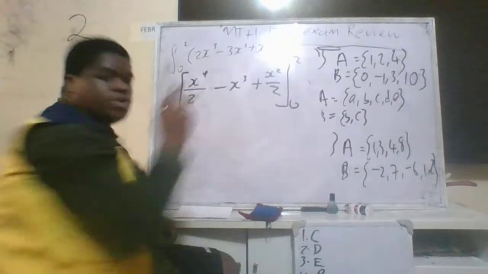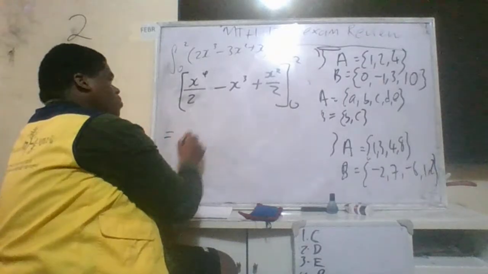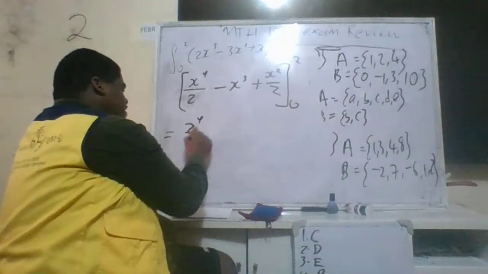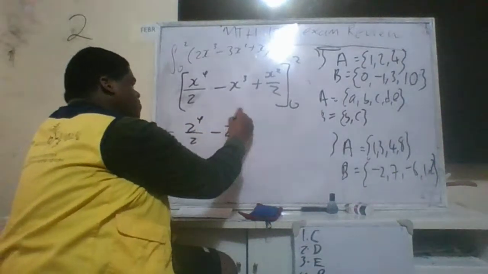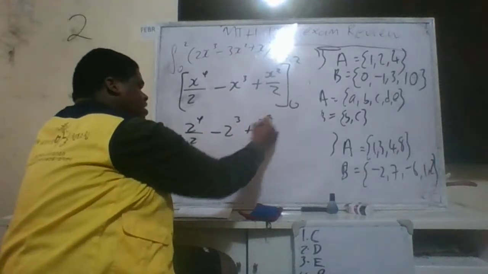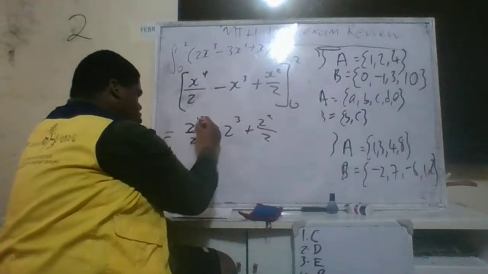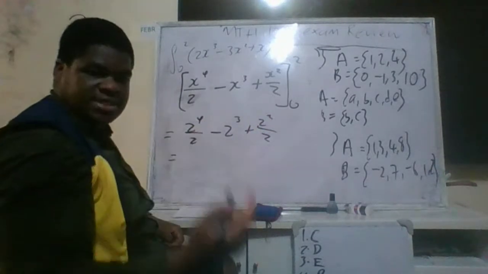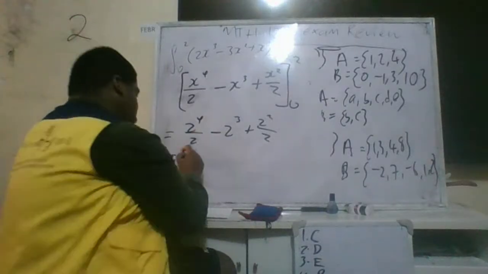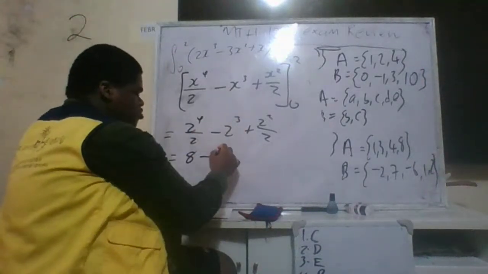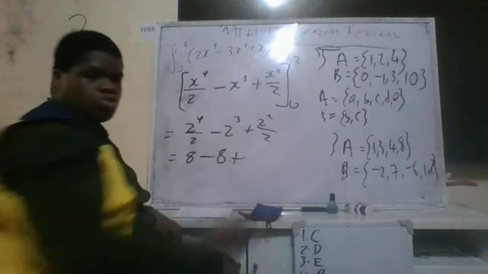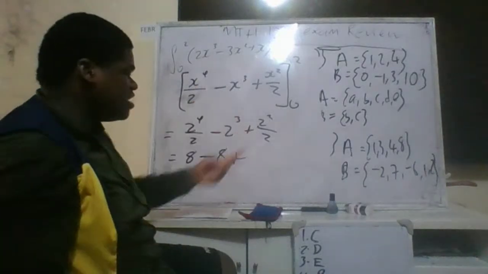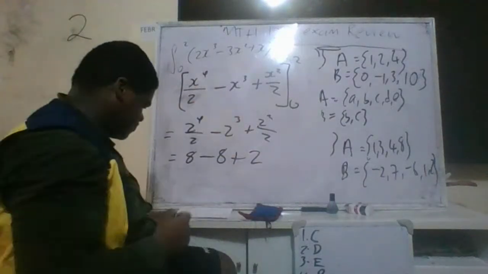So let's evaluate only the upper limit. This is going to equal 2 to the power of 4 divided by 2, minus 2 to the power of 3, plus 2 squared divided by 2. 2 to the power of 4 is 16, 16 divided by 2 is 8. Minus 2 to the power of 3, which is 8. Plus 2 squared, which is 4, and 4 divided by 2 is 2.